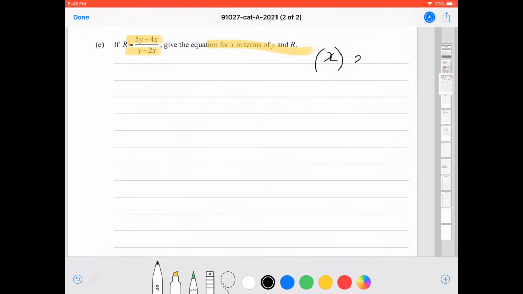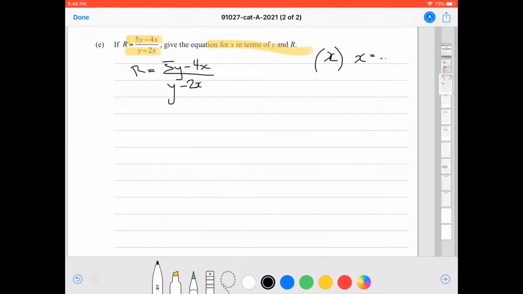So it's going to look like x equals whatever. Okay, so we've got this equation, r equals 5y minus 4x over y minus 2x, and we're trying to make x the subject.